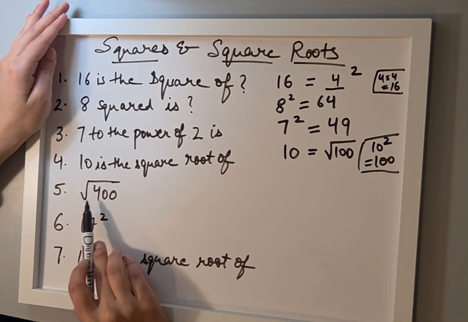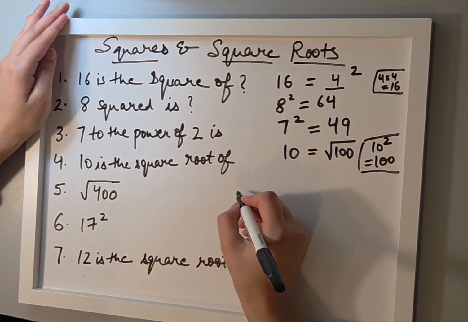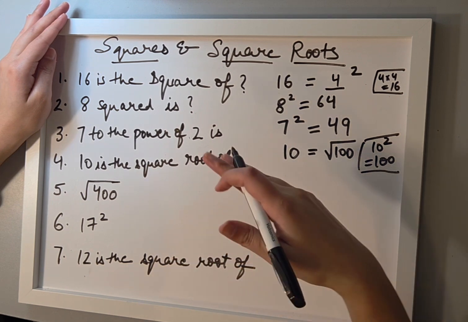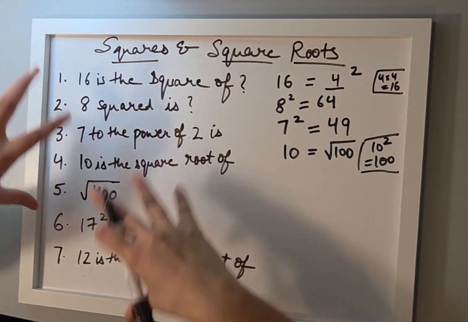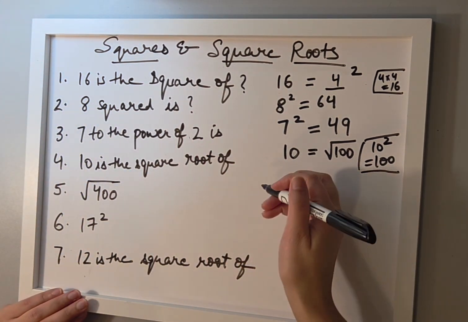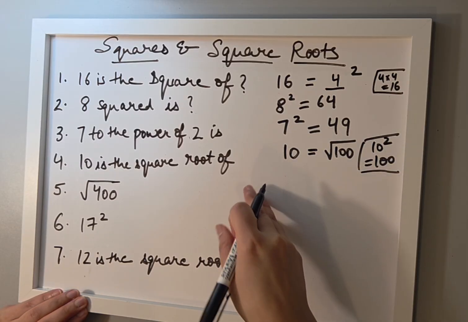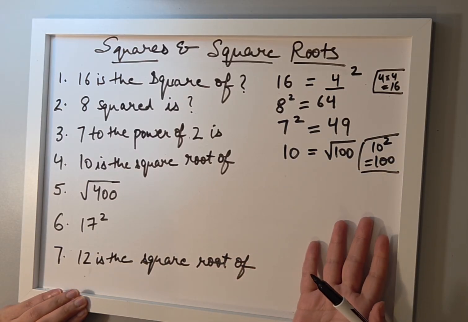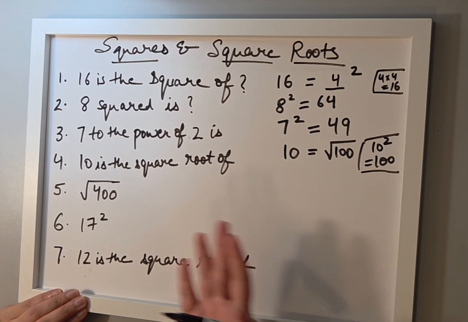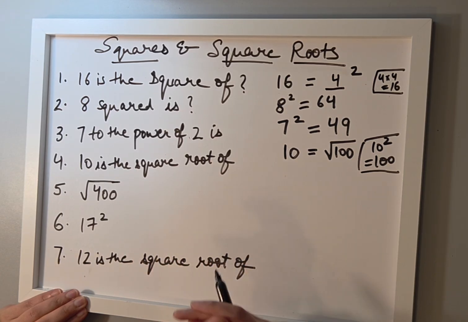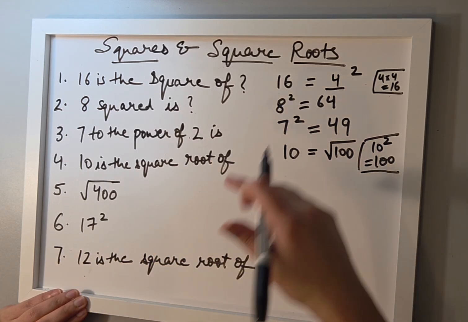So the next question is, we have to take the square root of 400. So which number is squared to give us 400? If we memorize the first 20 numbers' squares, we can directly say 20.